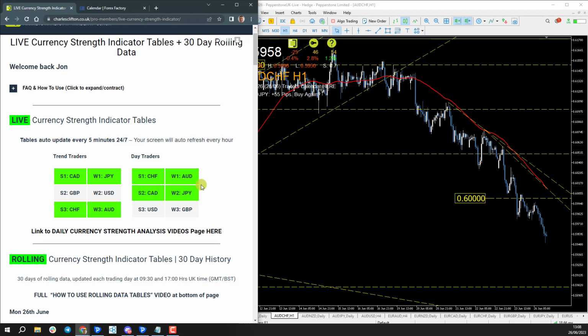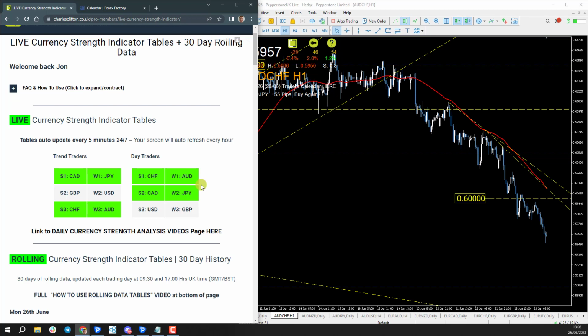So although the yen here is still suggesting that it's weak, and that we should still be on the short side of yen, it is becoming a little bit over extended and a little bit exhausted, so we have to be a little bit careful with entries and exits here, because there's a potential for the market to swing the other way, especially if the Bank of Japan do jump in at any moment and intervene. So you have to be super careful with the yen trades now, although it is still there as an option for us.